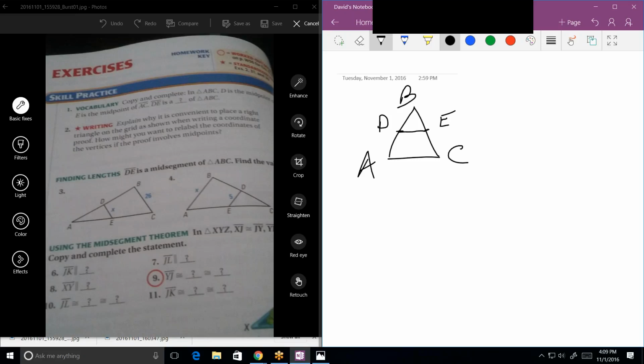It's basically a bisector, not a perpendicular bisector, but DE is a bisector of AC. The two halves that are created are AE and CE. One is 6 and the other is X. So I can already tell that X equals 6.